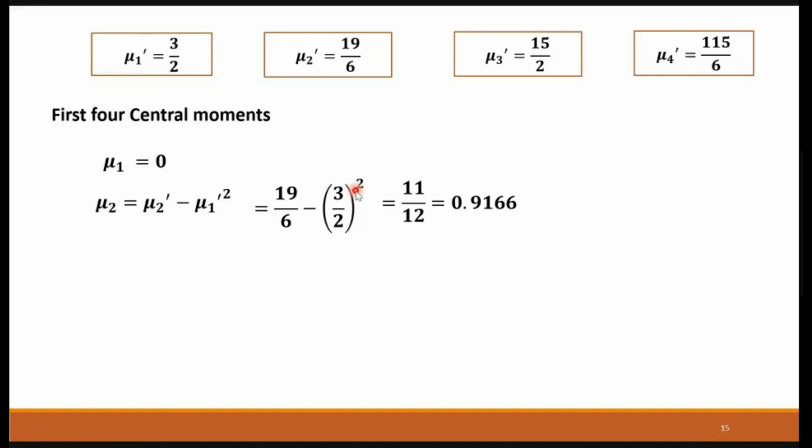So write the formula for mu3. I told you how to use Pascal's triangle and write the formula for mu3 and mu4. Just try writing the formula for mu3 and then substitute the values of mu3 dash, mu2 dash and mu1 dash. 49/8.